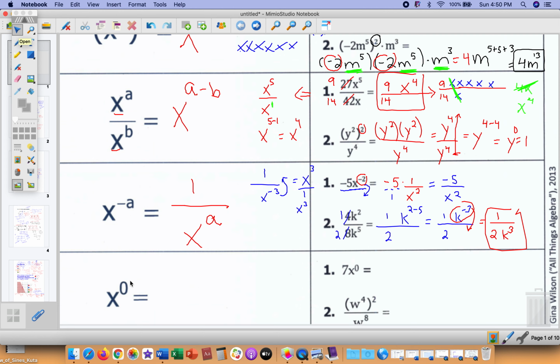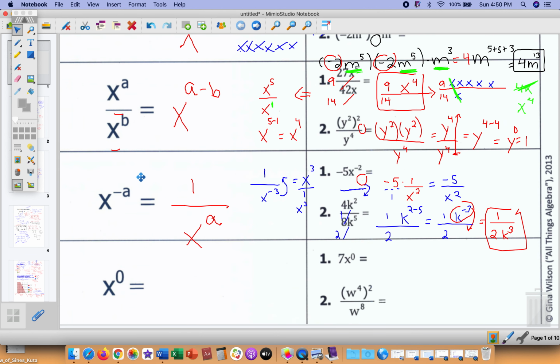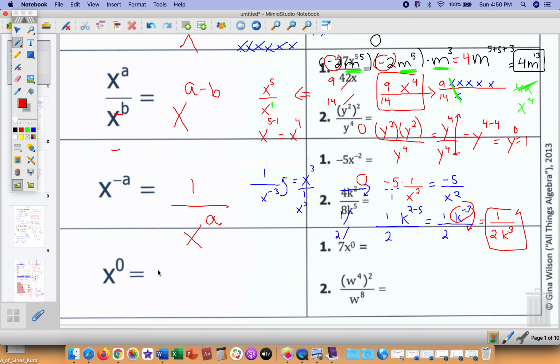Okay, so then the 0 power rule. X to the 0 is 1. And we actually looked at a problem above where it said, for example, y to the 4th over y to the 4th, which became y to the 0, 4 minus 4, which was 1.